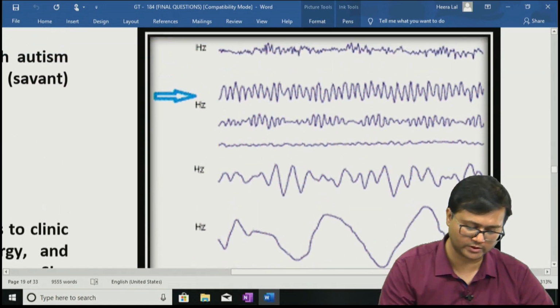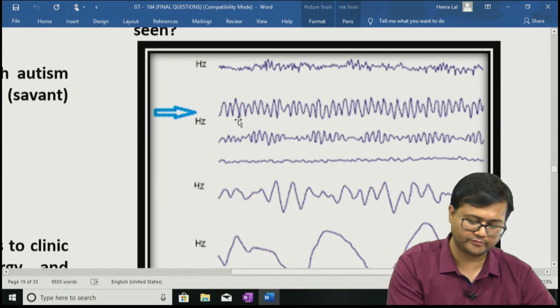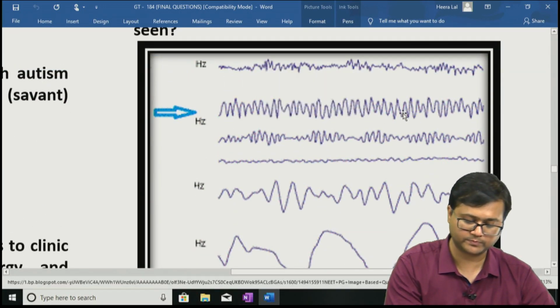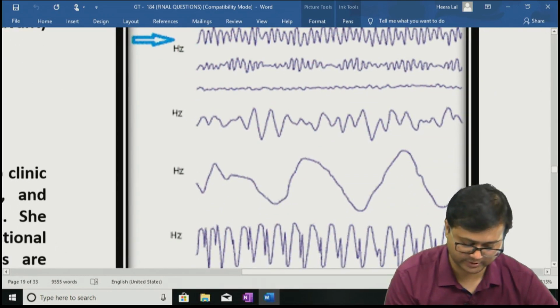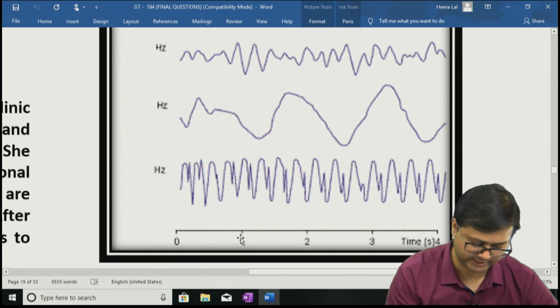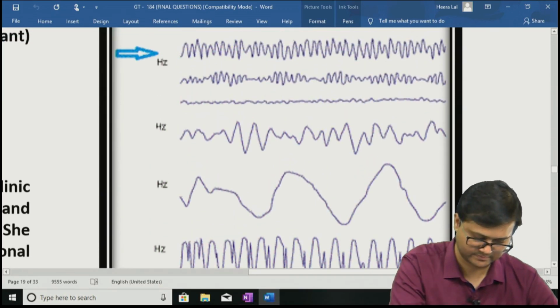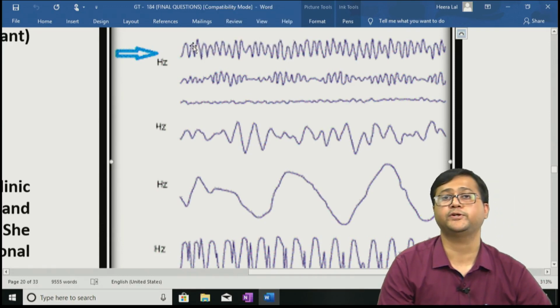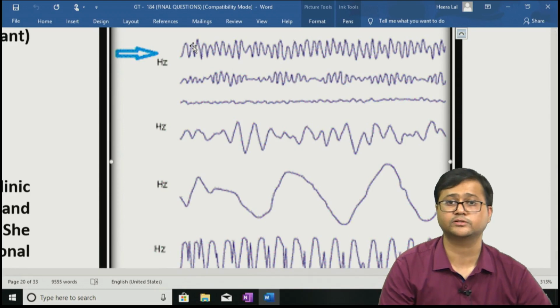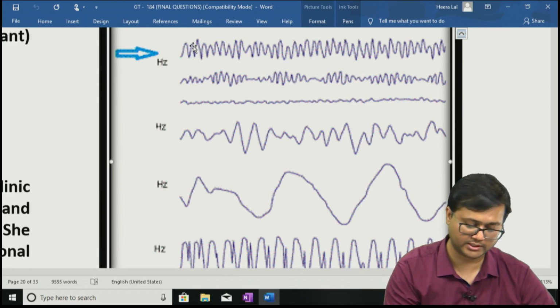If we look at the wave marked by the arrow and count each second, there are around 9 to 10 such waves. So there is a frequency of 9 to 10 hertz.